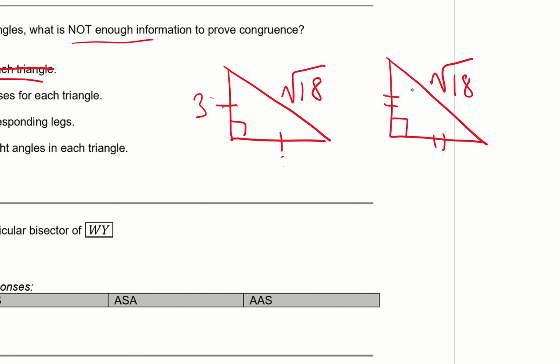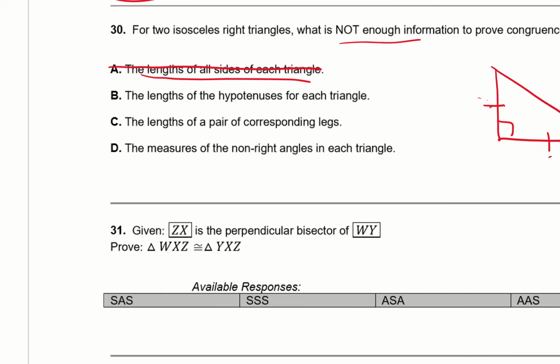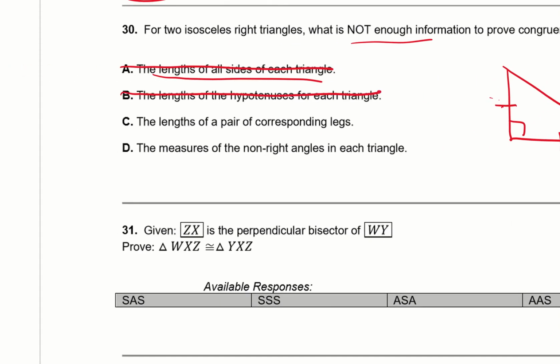Each of the sides would be equal to 3. And therefore, you would be able to show that these two triangles are congruent. So if you knew the hypotenuses, then you would be able to establish, yes, they are congruent. So that means it can't be this one.